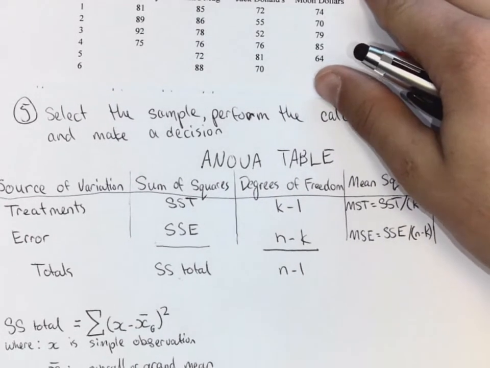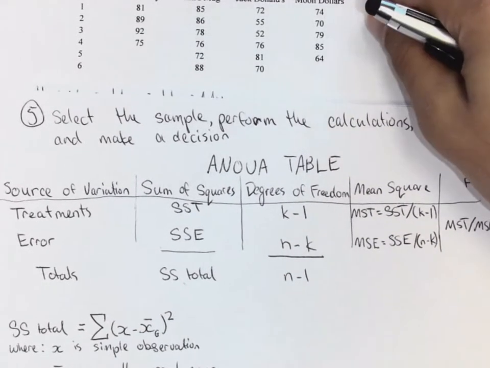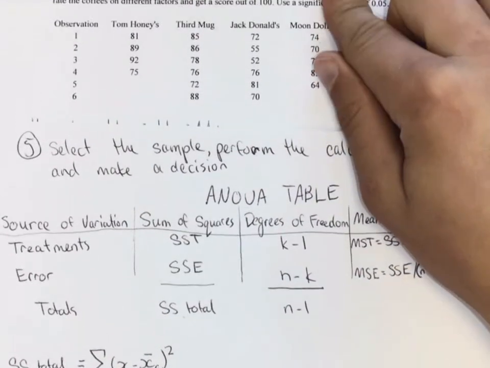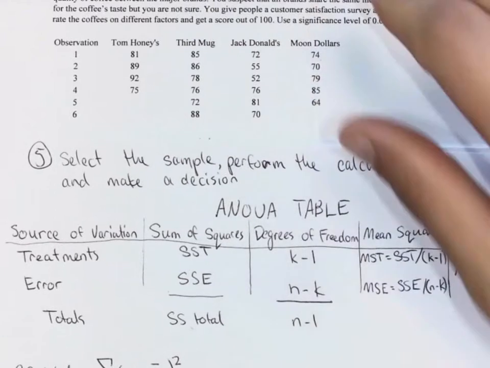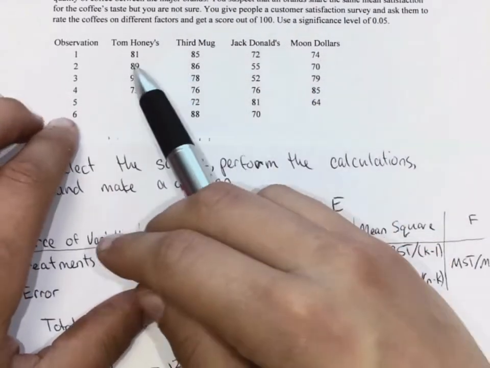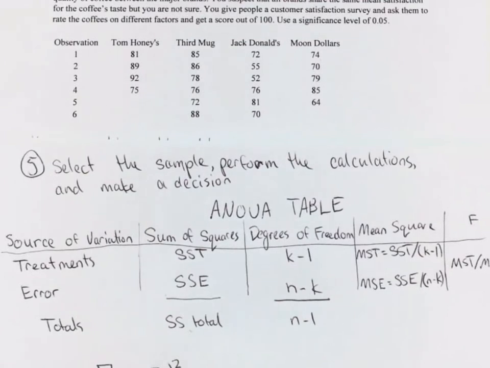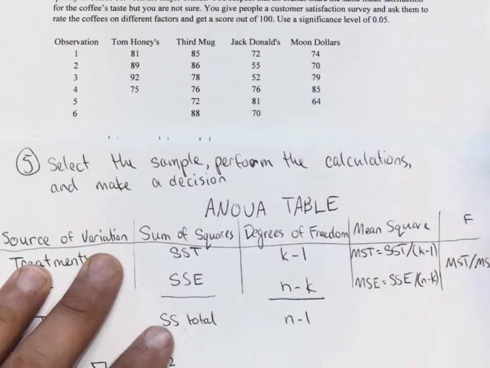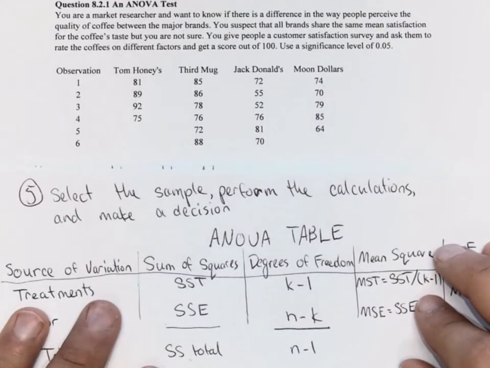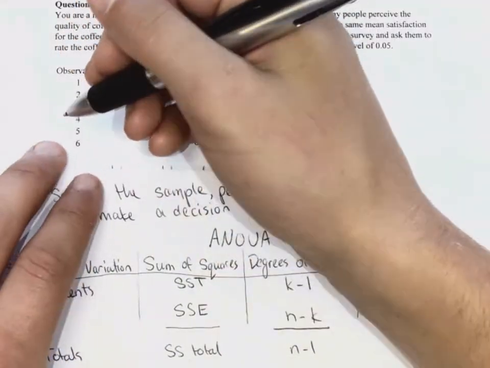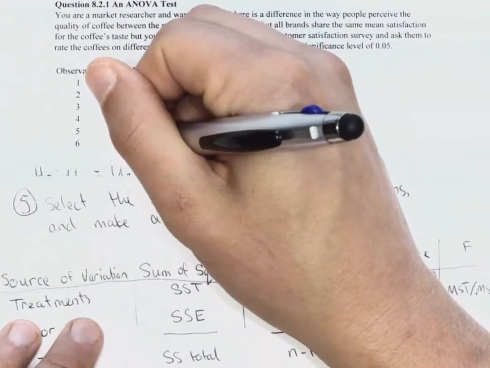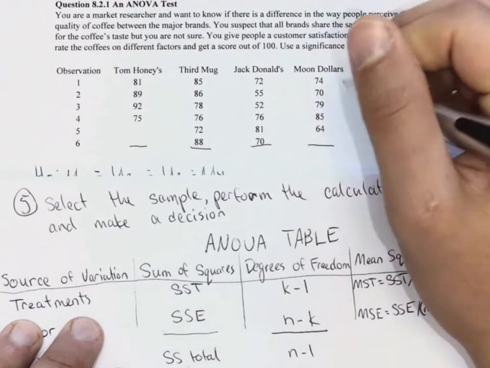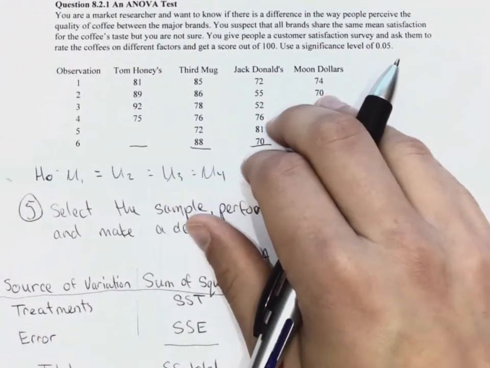So to do that, what we need to do is determine our grand mean, and we need to find the individual amount for each of these observations. So we can use the space in between this to determine that. We'll start by totaling up all of these observations.